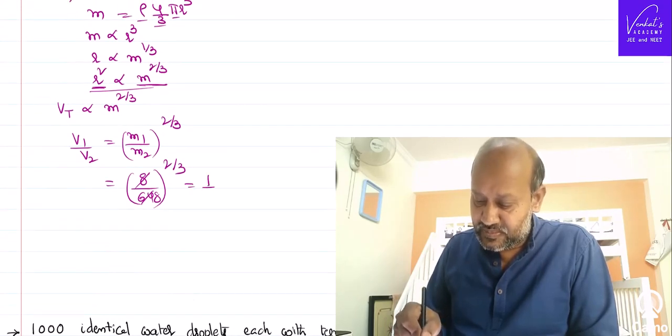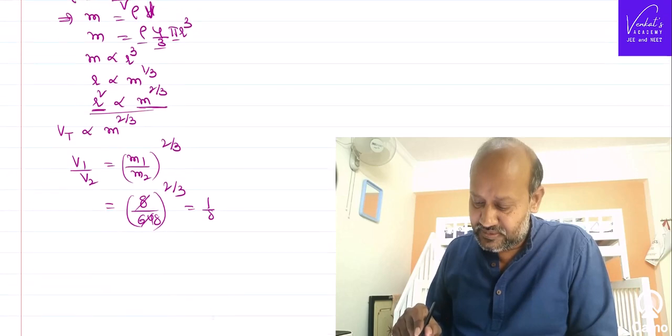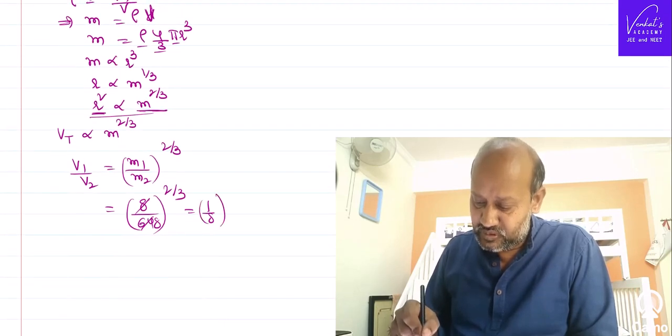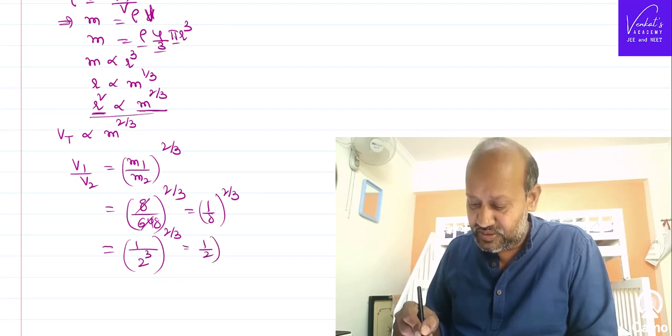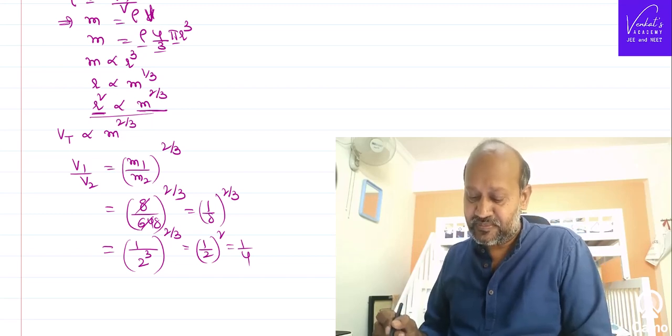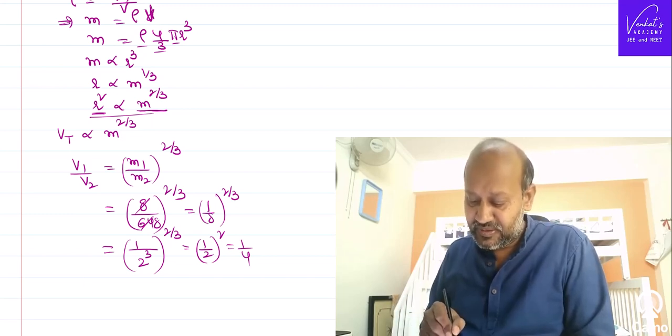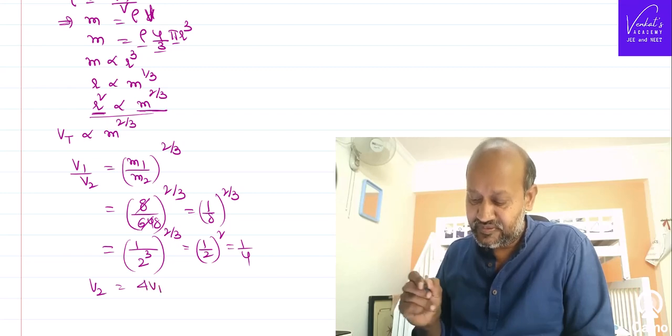That is 1 by 8 power of 2 by 3. 1 by 8 can be written like 2 cube, power of 2 by 3. So that is 1 by 2 cube, and the cube and the cube will cancel, whole square. That's 1 by 4. So V1 by V2 is 1 by 4, and hence V2 is 4 times V1.